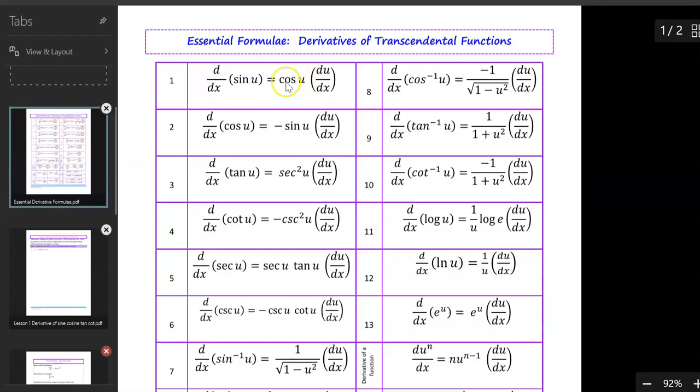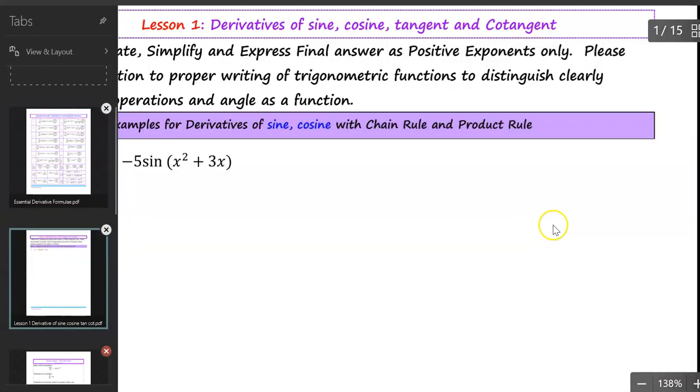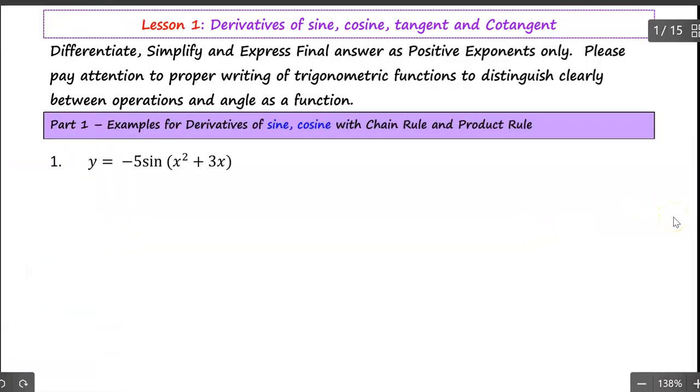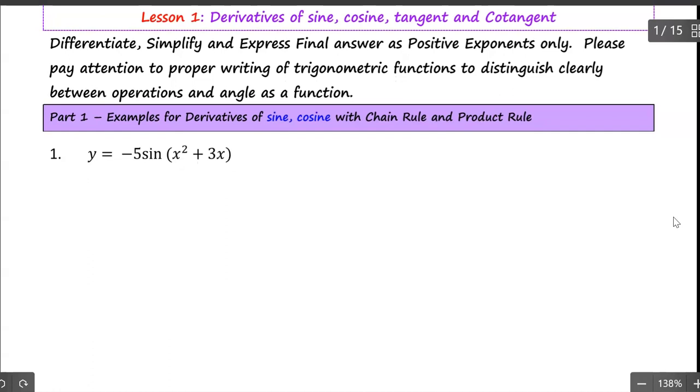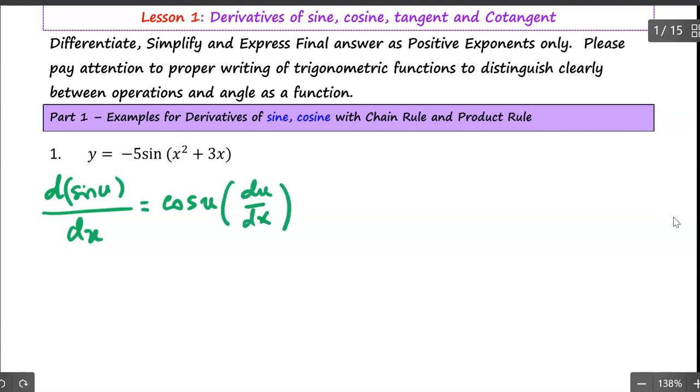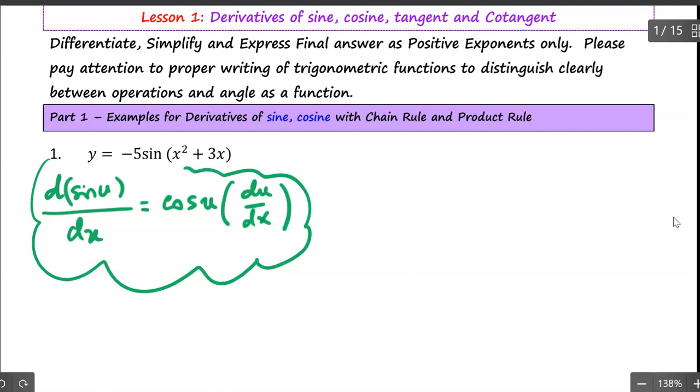You see the formula saying that the derivative of sine is the cosine of that exact function again, but then you multiply by the derivative of u as a function of x. So I will write down the formula for everyone. The derivative of sine of u as a function of x is equal to cosine of u, and then you multiply by du over dx. So we are using formula number 1 for this.